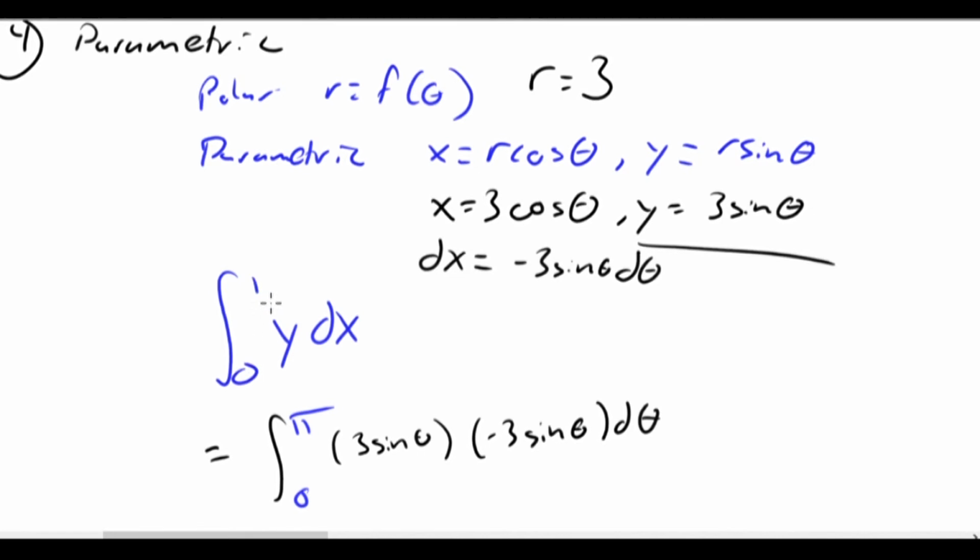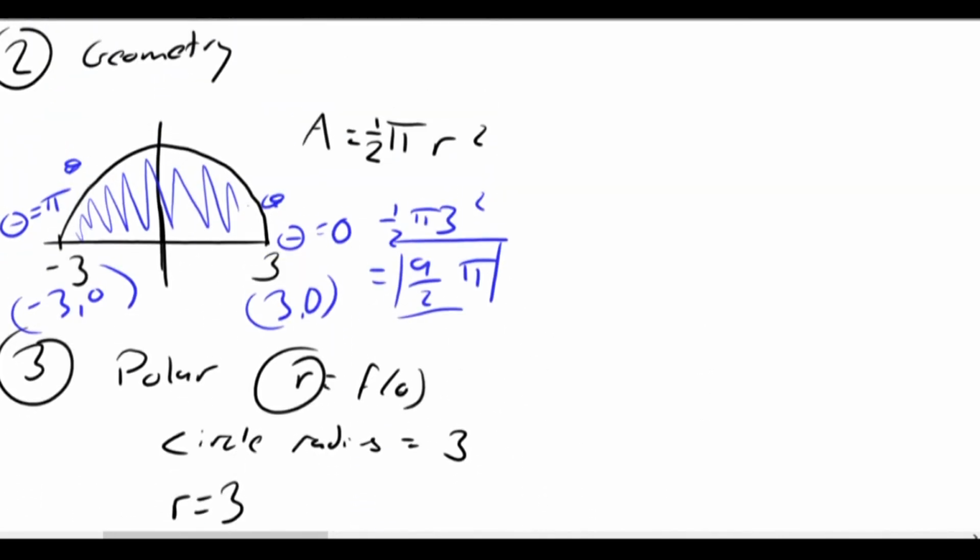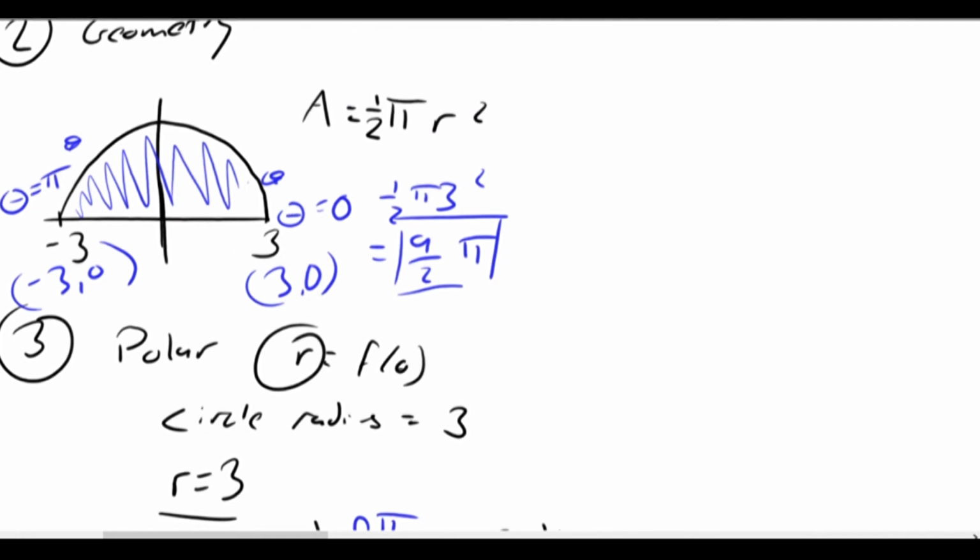However, we're not done. You'll notice we are moving backwards, if you will. So if we are starting here, and we want to get here, we have to move in a negative direction in order to get there, right? Which means that our dx partitions are actually going to be negative.